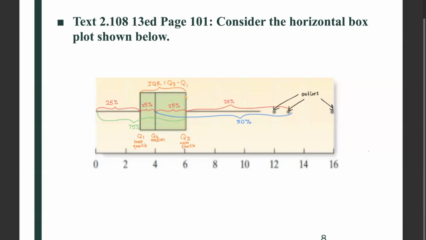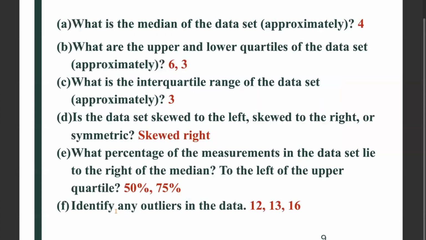So here's the upper quartile, and we want to know how much of the data set lies to the left of it. So here we have 3 25% chunks, or equivalently, we have 75% of the data that lies to the left of the upper quartile.